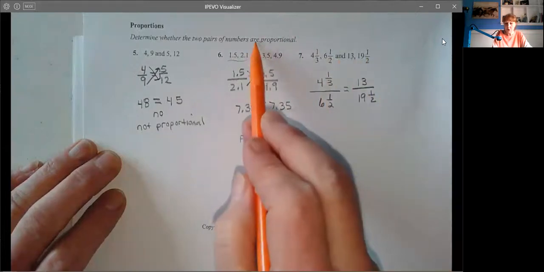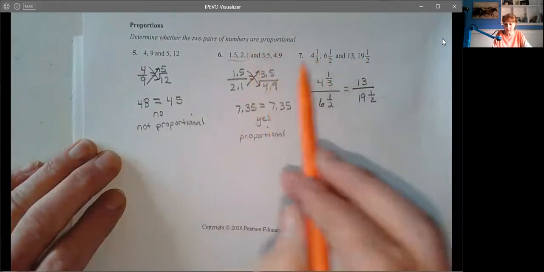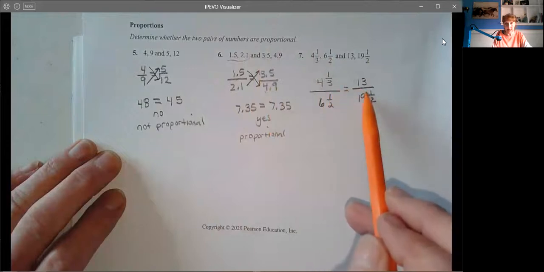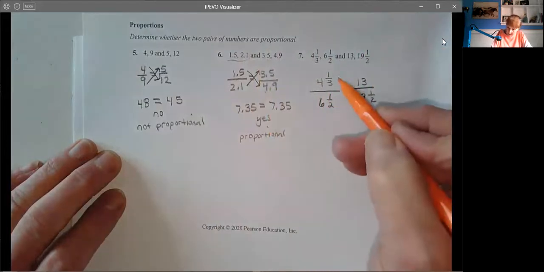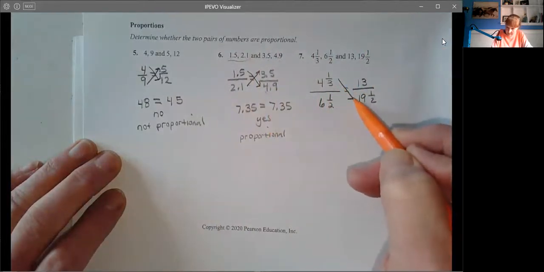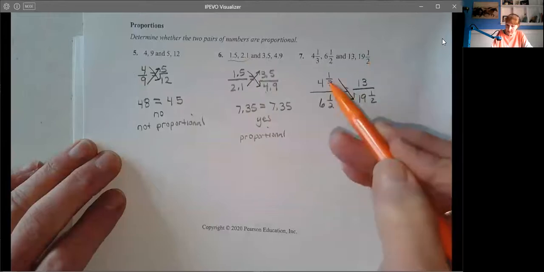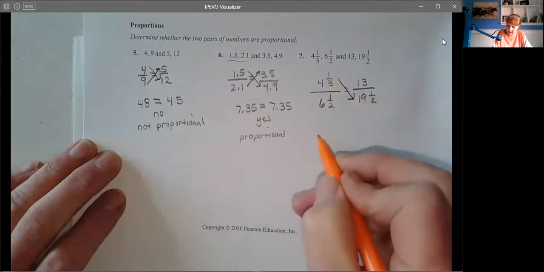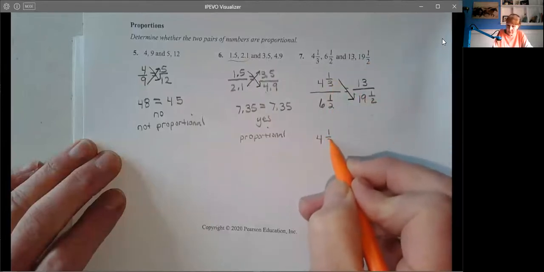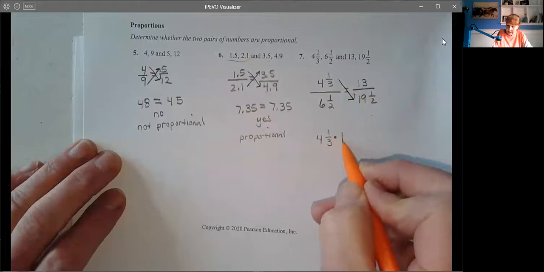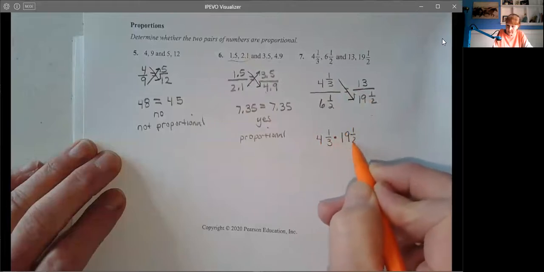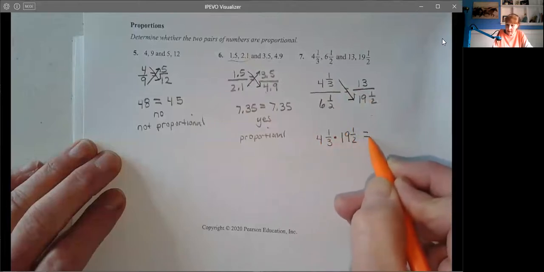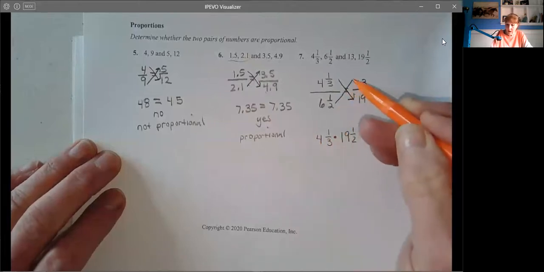And I'm going to determine if they're proportional. Do these represent the same size? So I'm going to cross product, make my cross here, this times this. So I'm going to be taking 4 1/3 times 19 1/2. Does that equal the other cross product?